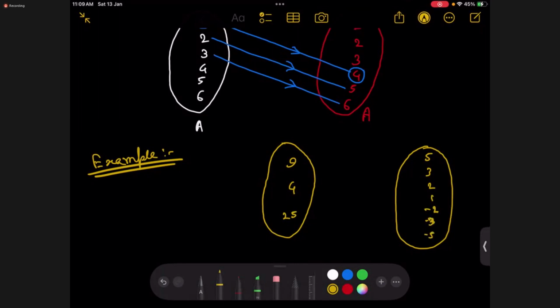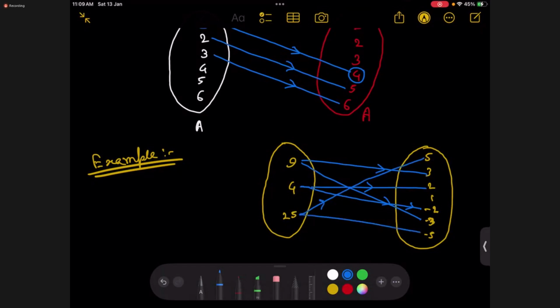Okay, and we have a relation from here to here, here to here, here to here, here to here, and here to here.